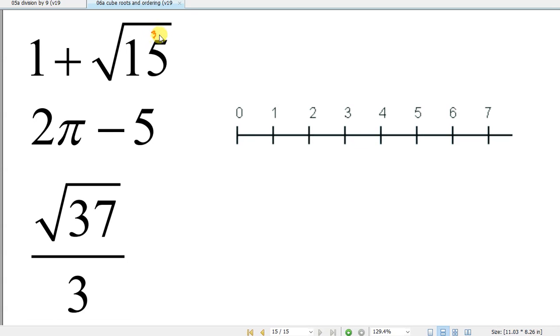So I've got a 1 plus a 3.9. That takes me to a 4.9. Okay, so this is about a 4.9, right? This is 2 times pi, which is about a 6. So a 6 minus a 5 takes it to about a 1.